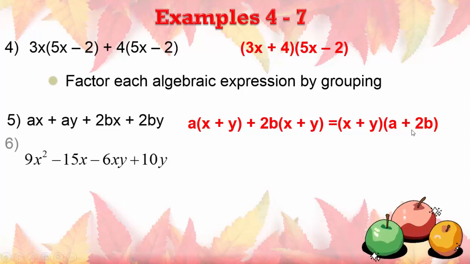In example number 6, we're asked to factor 9x squared minus 15x minus 6xy plus 10y using the technique of factoring by grouping. So let's go to the whiteboard and work this out.